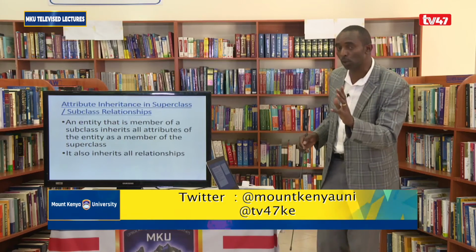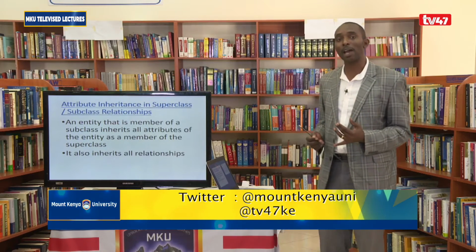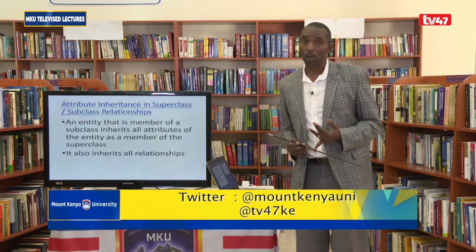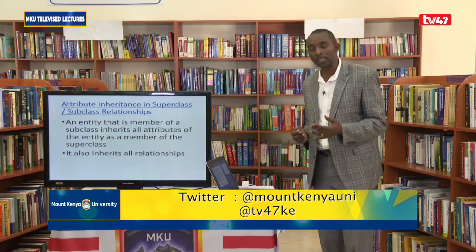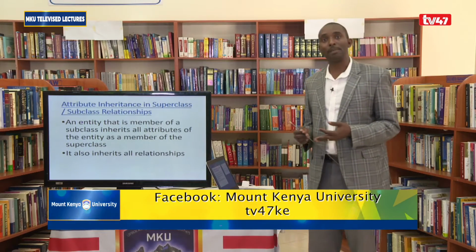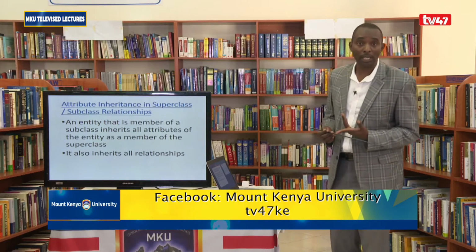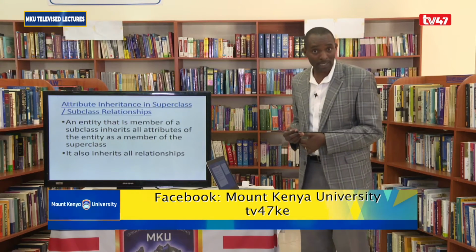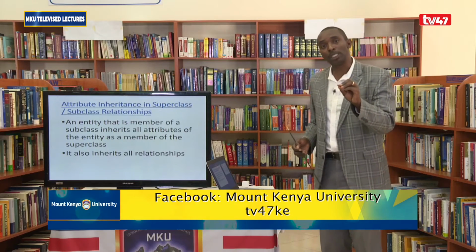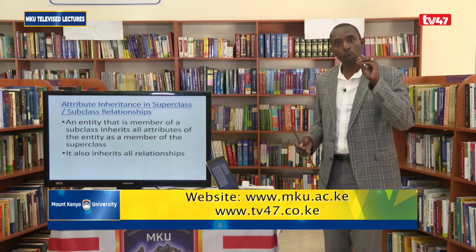So in general, all students must have an admission number or a registration number if you want, must have a name, they must have enrolled for a course, they must have a gender, they must have a date of birth. Those are attributes that are general to all students.